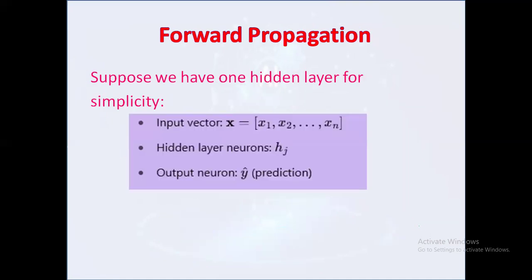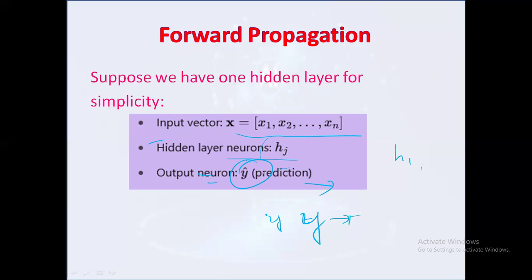And we have forward propagation. That means, suppose we have one hidden layer, the inputs we are applying are x1 and x2, and the hidden layer neurons are hj, any of H1, H2 or Hd. The output neuron, the y cap, we call the prediction. That prediction is compared with the targeted output.